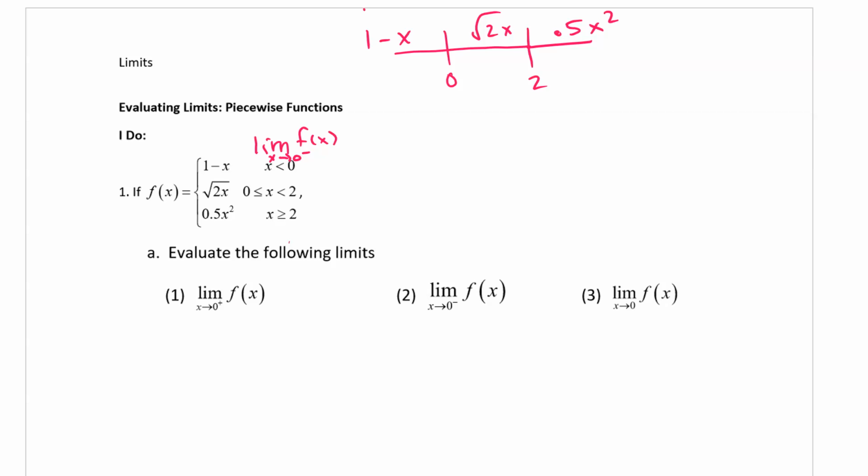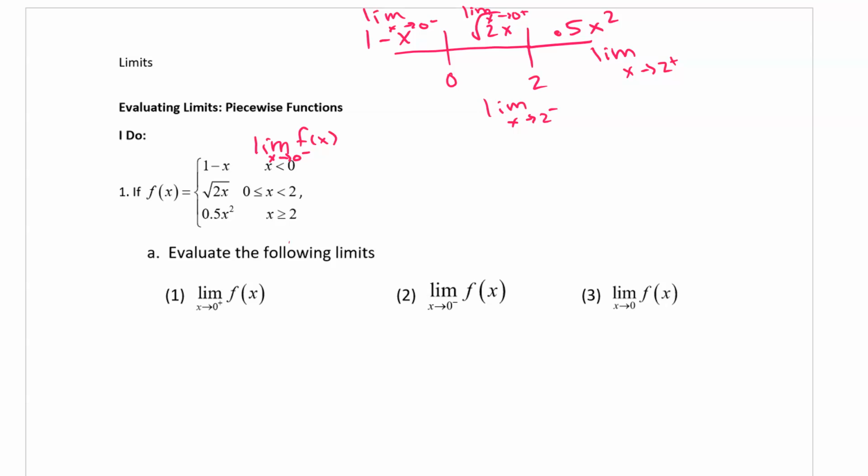So my left-hand limit as x goes to 0 would be that one, and my right-hand limit as x goes to 0 would be this guy. Since it's on the left of 2, my left-hand limit as I go to 2 would be the middle guy, and my right-hand limit as I go to 2 would be the right-hand guy.